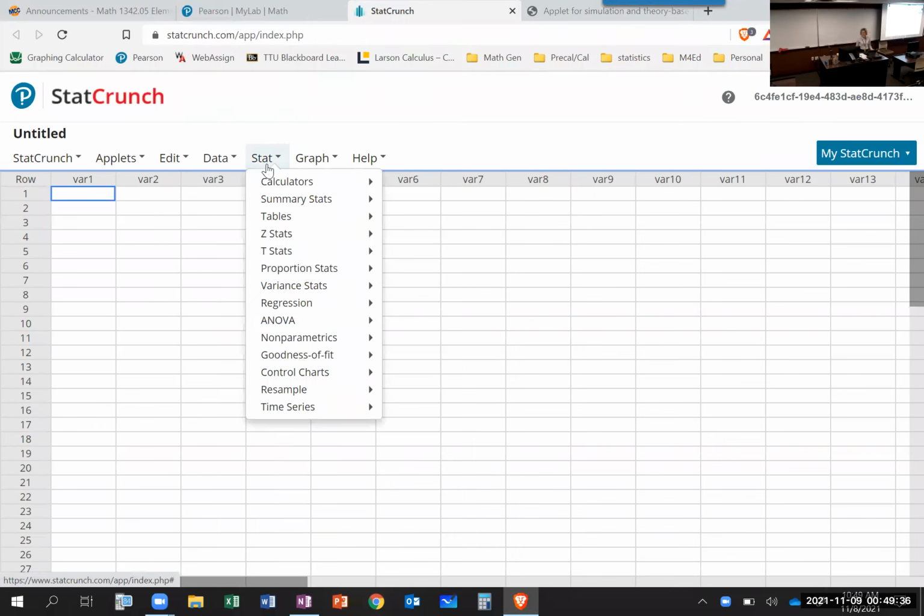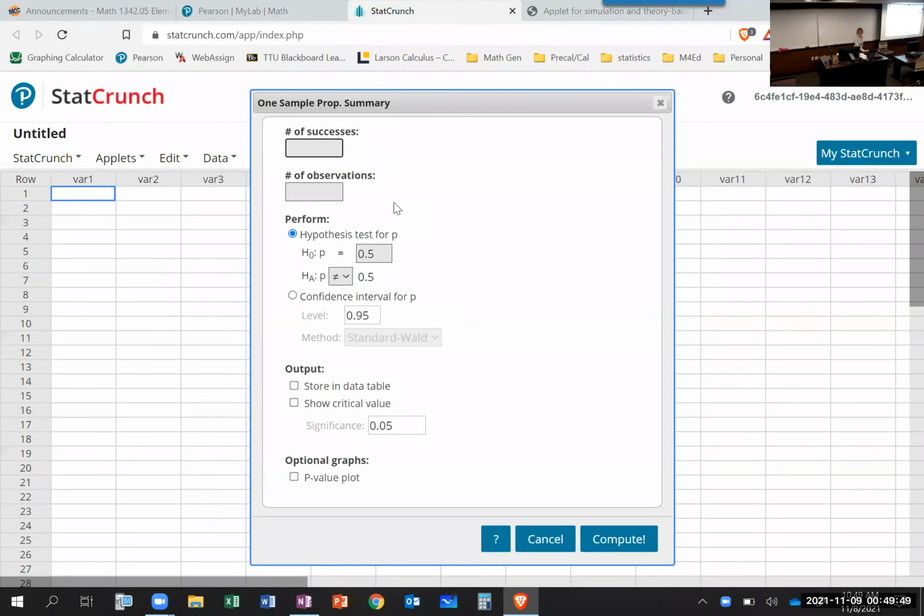We're going to use the same places. So for our proportion, we go to Stat, Proportion, One Sample, With Summary. Same exact place. Now, the number of successes in the sample was 14 out of 28.